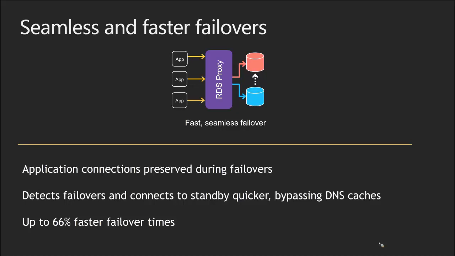Another advantage is that if the database fails, we don't need to look up the address of the new database instance, and the application doesn't need to know because the proxy still stays in the same location. That saves us the need to do a DNS lookup, and that means that the failover time is much faster. In many cases, up to 66% faster failover compared to not having a proxy. So it's definitely also recommended for that reason.